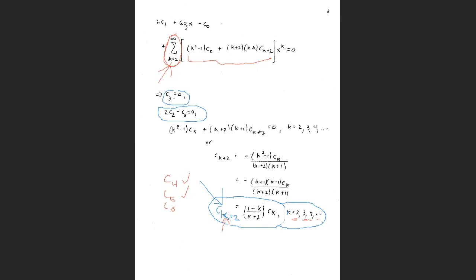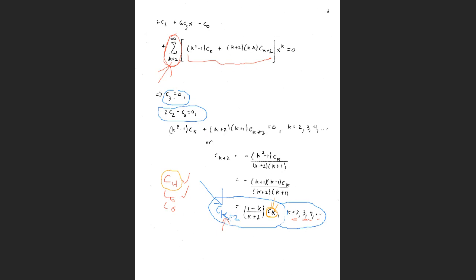So what we have to do is, the starting coefficient, like C sub 2, if we're looking to find C sub 4, we have to put in a value for C sub 2. So we have to actually put in a value.